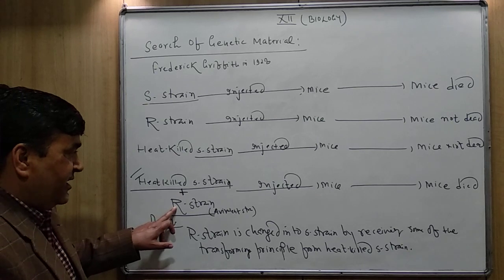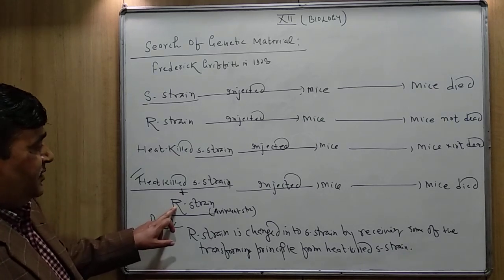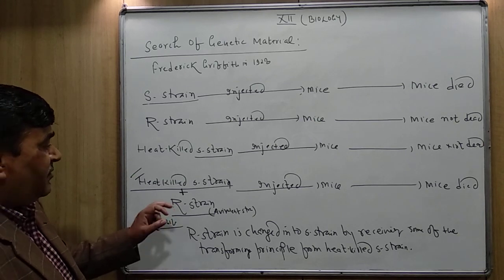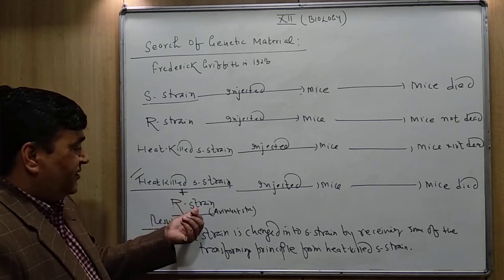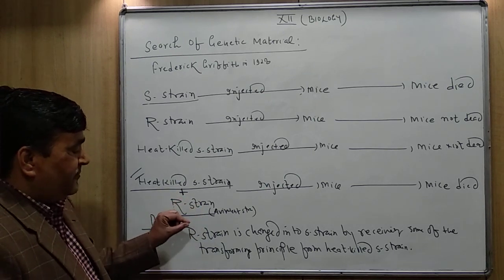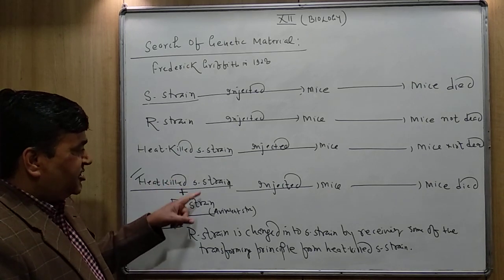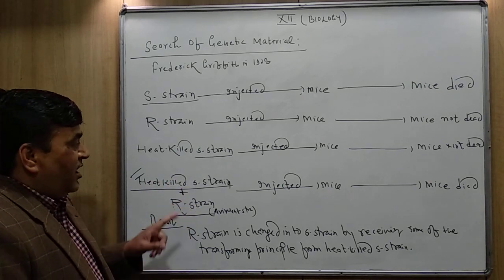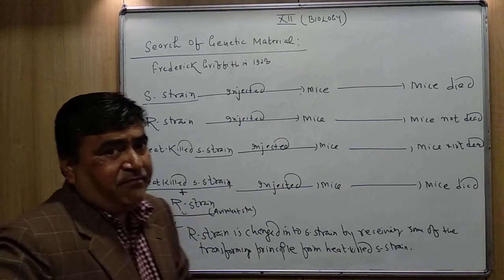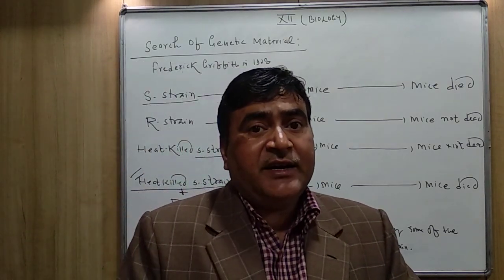Because the R strain may have received some of the transforming principle, some of the materials, you can say, from the heat-killed strain, and later on the R strain might have been changed into the S strain.